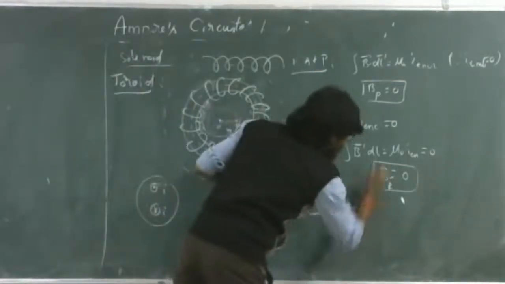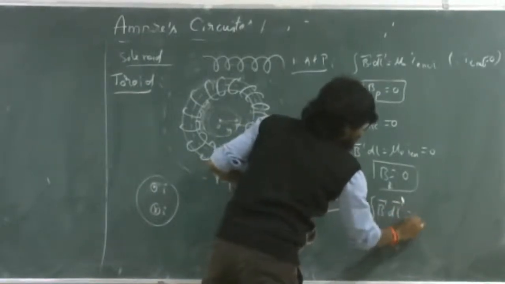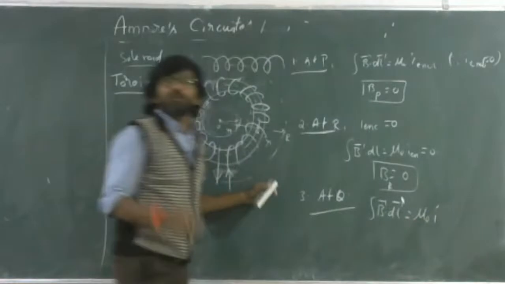Then you can say integral of B dot dl is equal to mu naught I due to one turn.